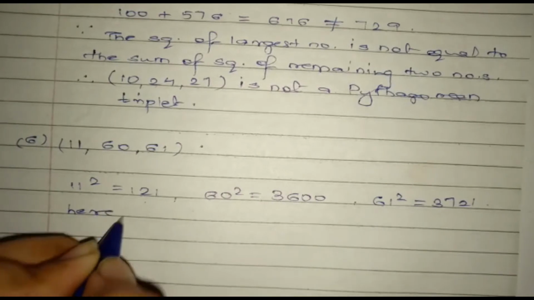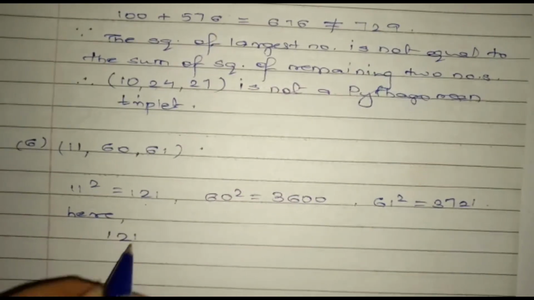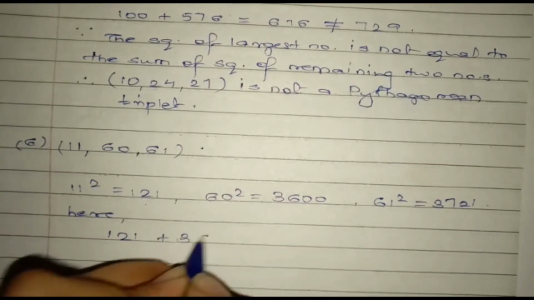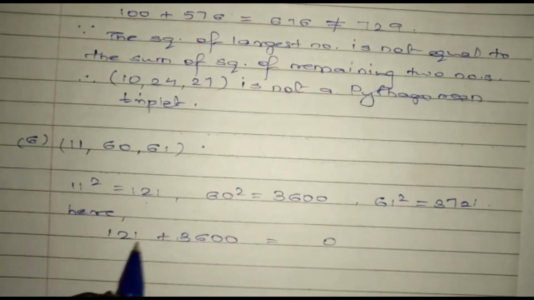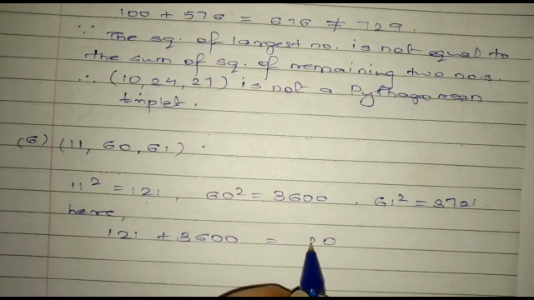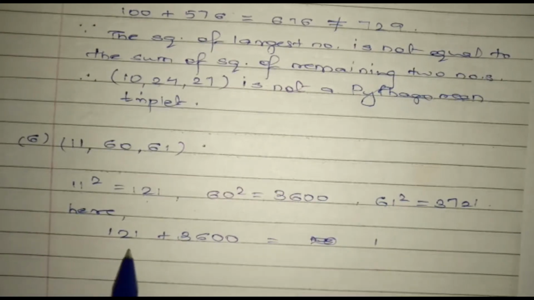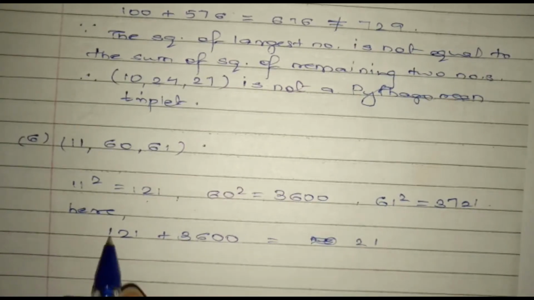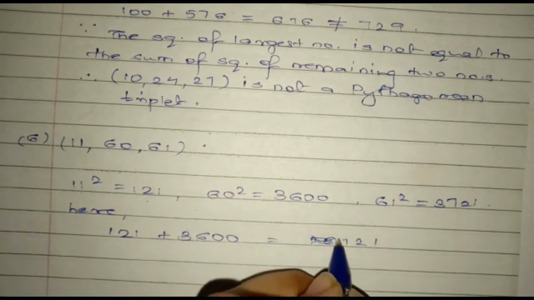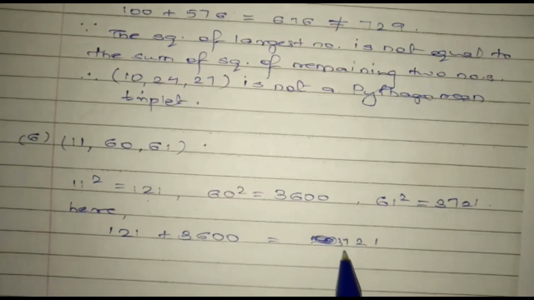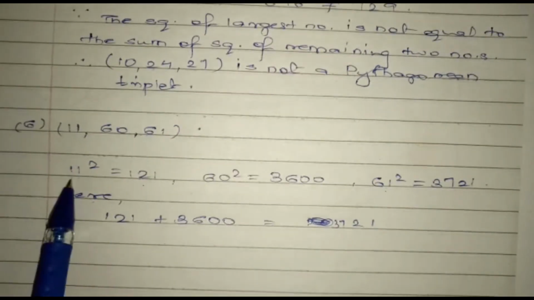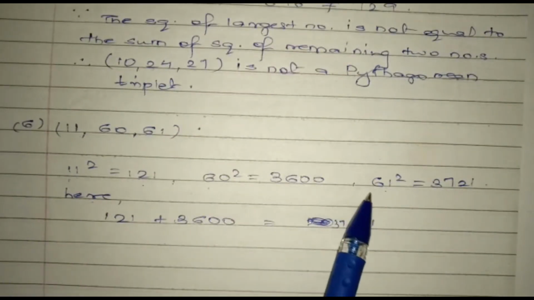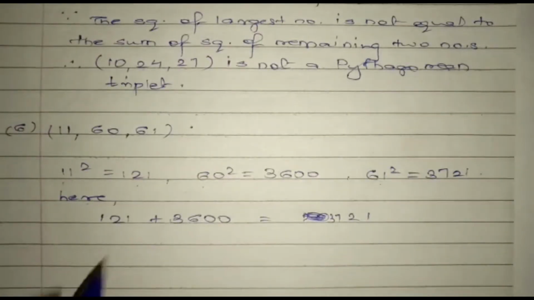Here 121 plus 3600 gives us 3721, which is equal to 61 square. Here 11 square plus 60 square is equal to 61 square.